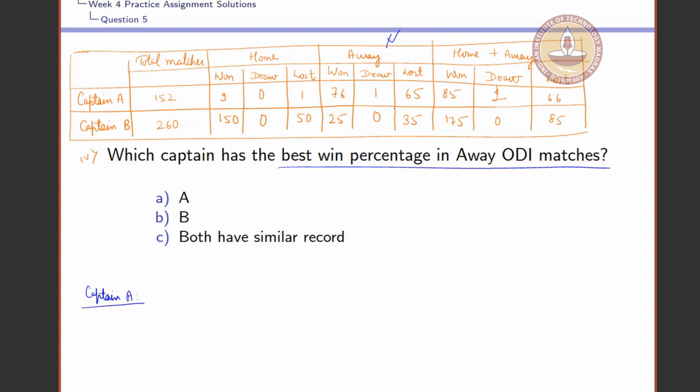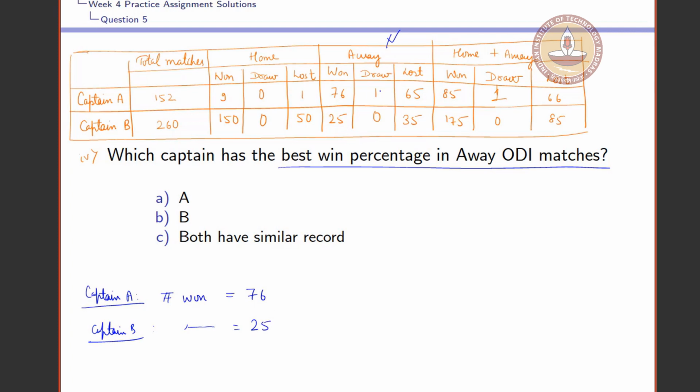The number of matches won by Captain A is 76, and the number of matches won by Captain B is 25.